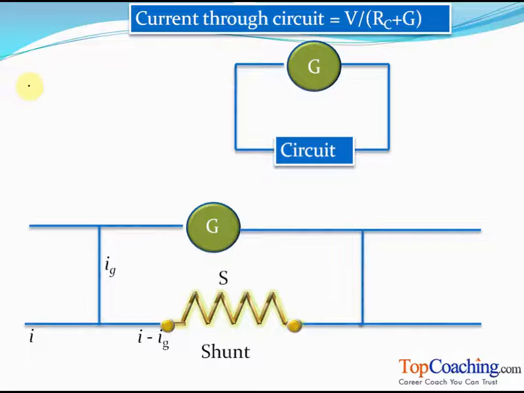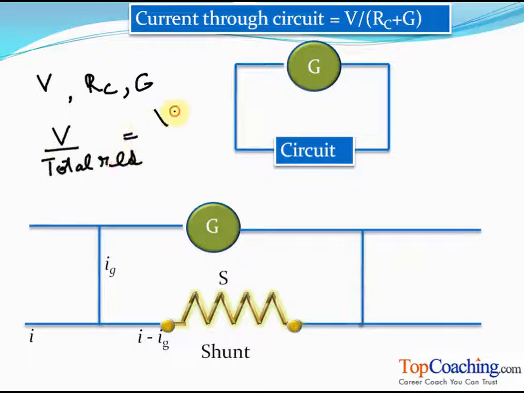After all, if V is the net potential difference in the circuit, the potential difference across the battery source, RC is the resistance of the circuit and G is the resistance of the galvanometer, then clearly the net current will be V divided by total resistance. That is V divided by RC plus G. There's no doubt about it.